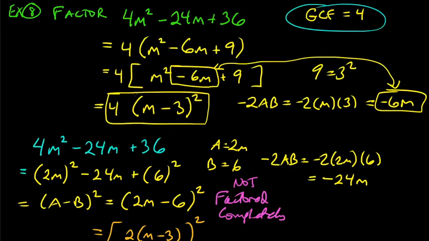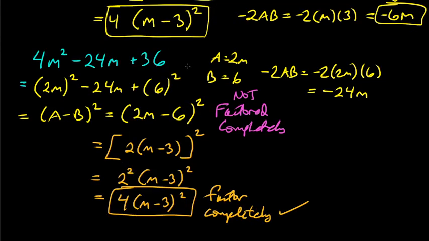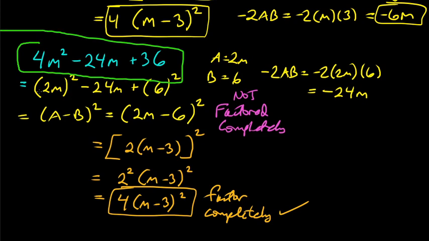If you didn't factor out the 4, you can do it the usual way, as we did it here. The problem is too many students tend to leave the answer like this, and then they lose points for not factoring out the GCF, which in this case is the 2, and then the 2 will get squared here. So yeah, a little bit confusing doing it this way.